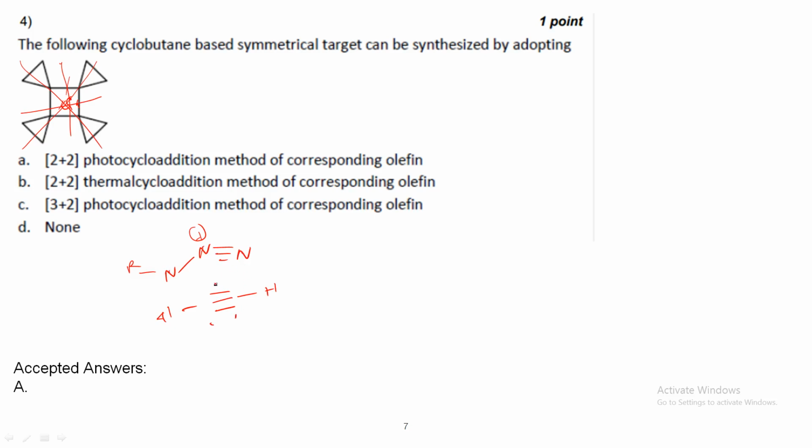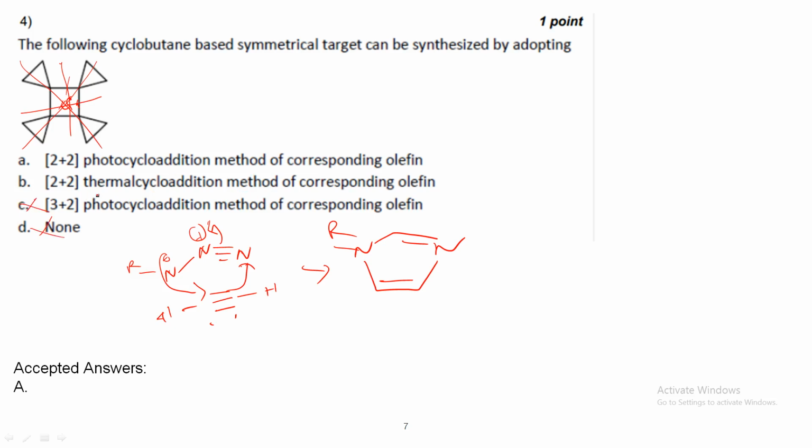So 3 plus 2: an alkyne with an azide would generate the triazole, which is that click reaction. So that is one example of 3 plus 2, and here we need to have a 4-membered ring, not a 5-membered ring, so we can discuss that.